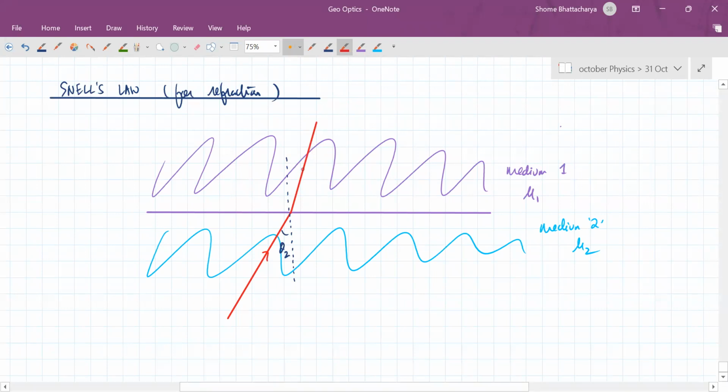So the refracted ray bends in such a way that it makes an angle theta1 with respect to the normal at the point of incidence. So this is a case where mu1 is greater than mu2. We basically say that medium 1 is denser than medium 2. So Snell's law tells us that mu1 sine theta1 is equal to mu2 sine theta2.